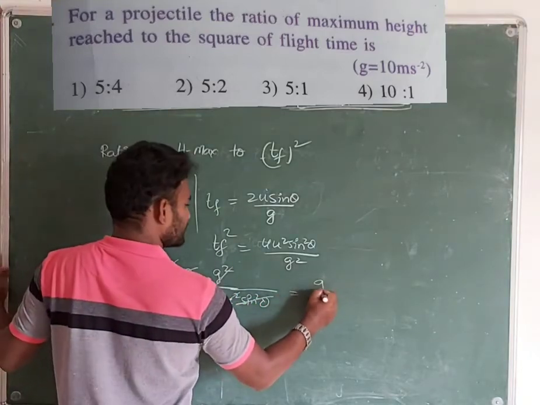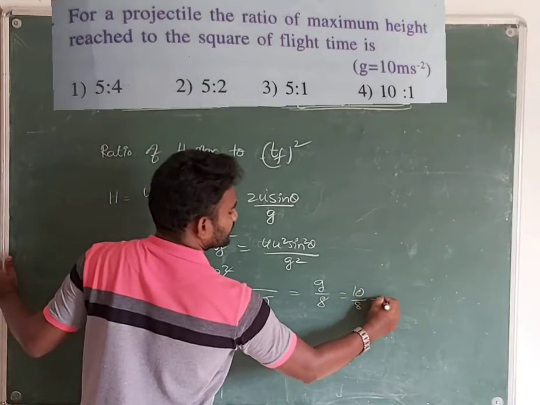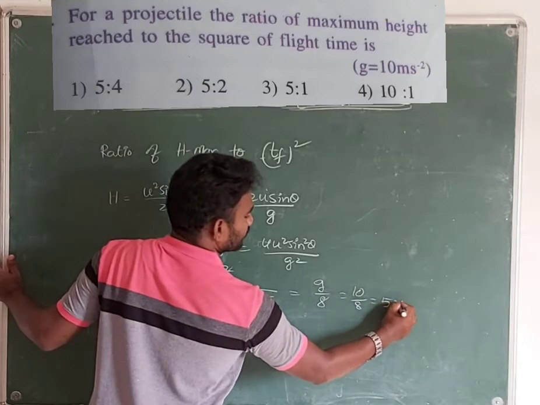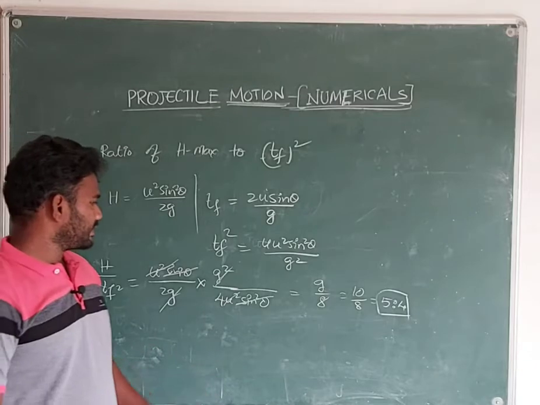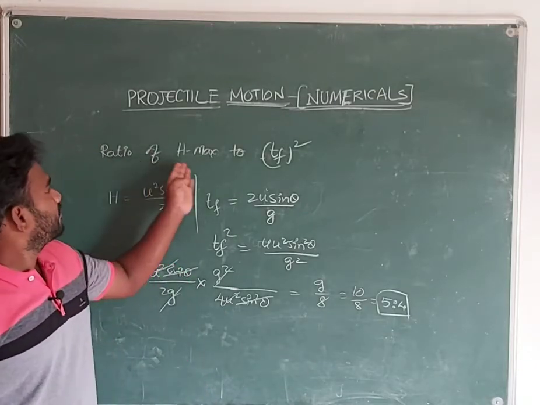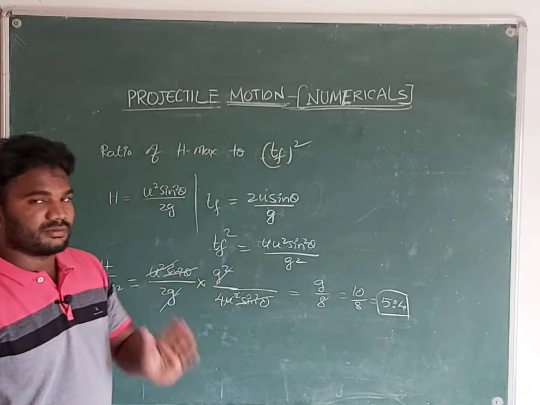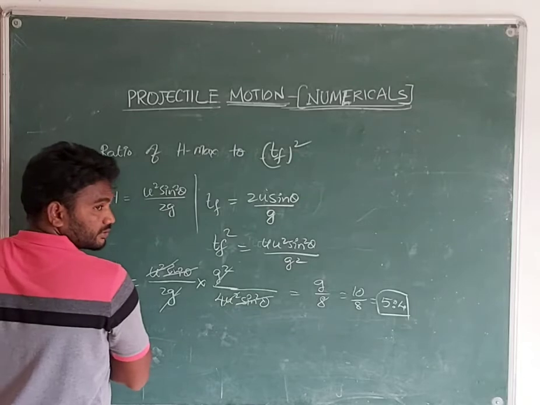Finally, we will be getting g by 8. Let us consider g as 10. 10 by 8 means 5 is to 4. 2 into 4 is 8. So 5 is to 4 will be the answer. What is this? The ratio of maximum height to the square of time of flight. For any problem, this is the constant. Okay, students, any doubts here?